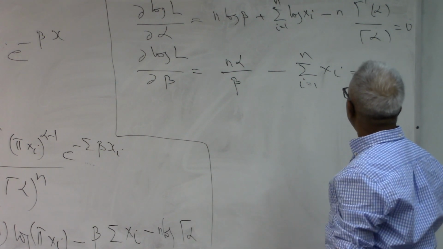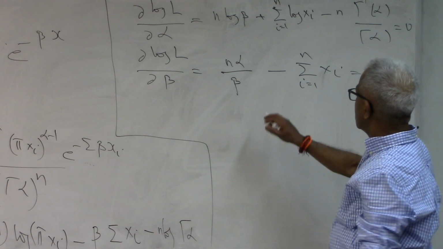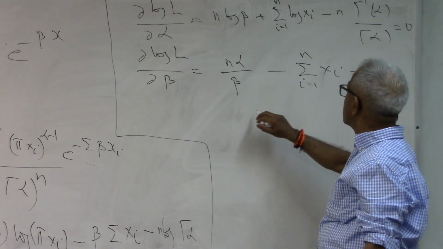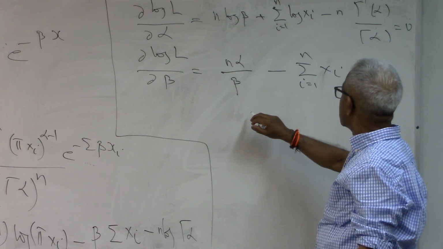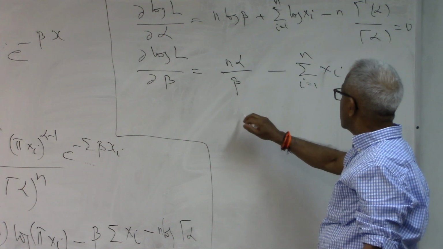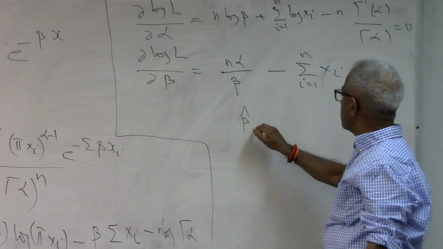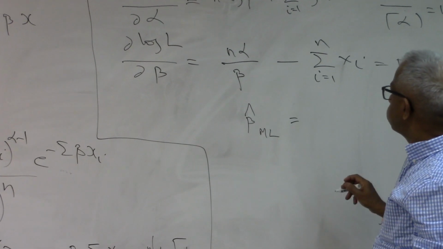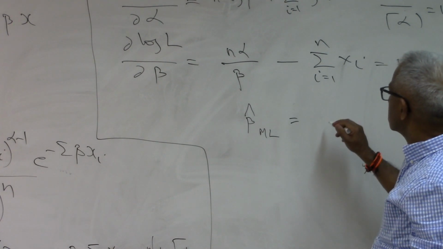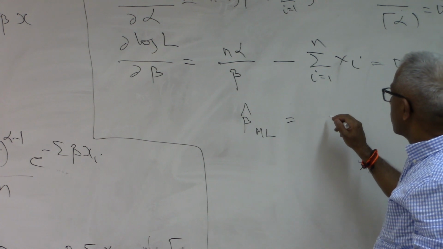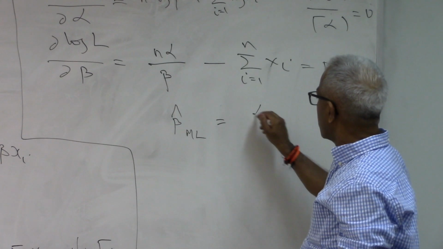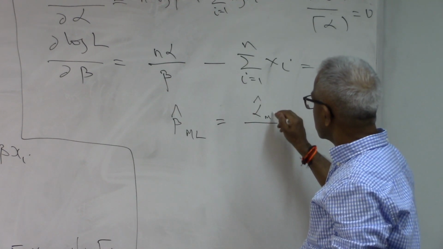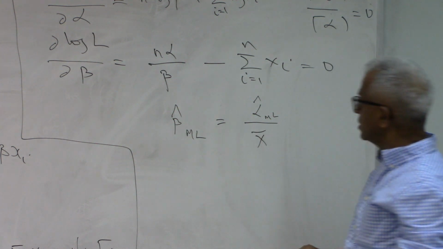So if I solve for beta, beta hat ML is going to be from here. Is that right?